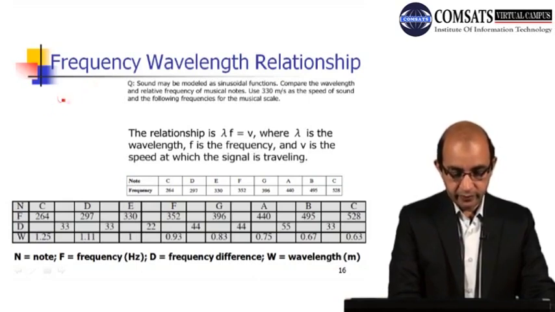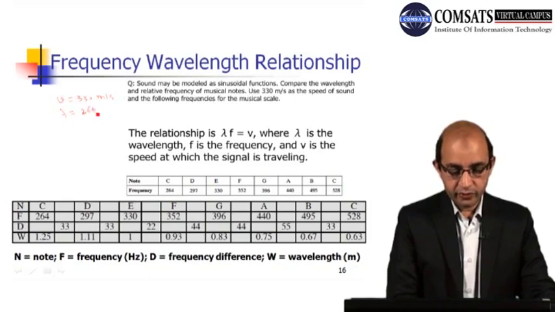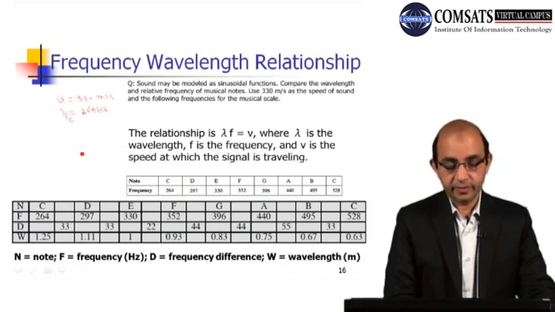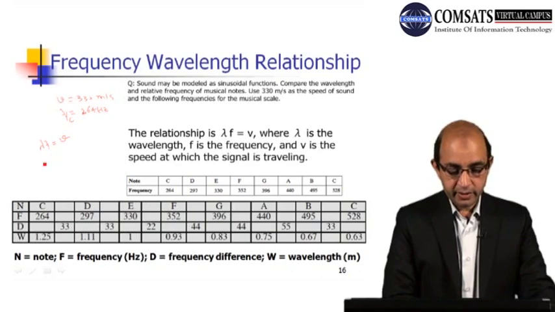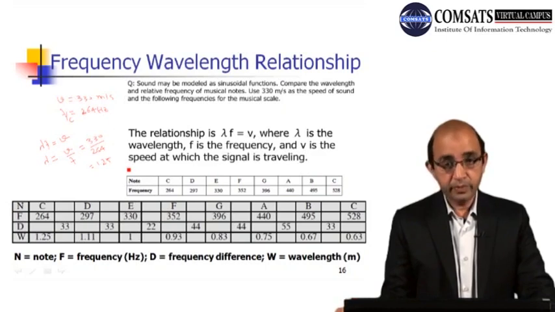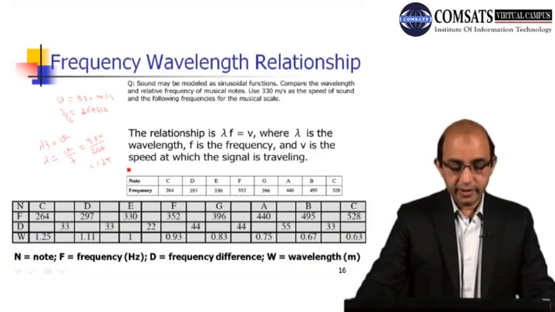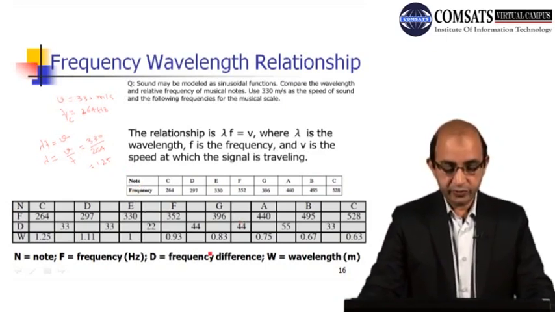We know V, that is 330 meters per second, and we have F, that is 264 hertz, for note C. As we know, lambda F is equal to V, and lambda is equal to V over F. 330 divided by 264 becomes 1.25 meters.